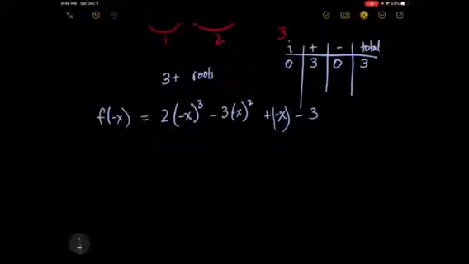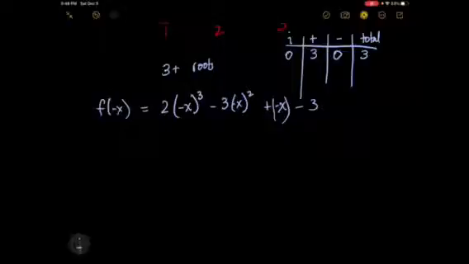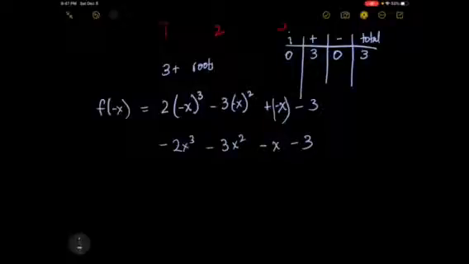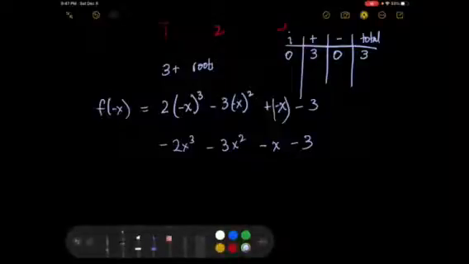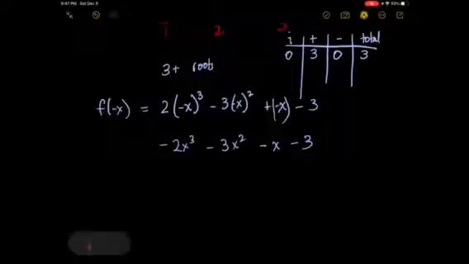If I try expanding this out, I would get negative 2x cubed minus, well, negative x squared is just going to get me an x squared, minus x minus 3. How many times does the sign change here? It switches from a negative to a negative. Nope, it does not.